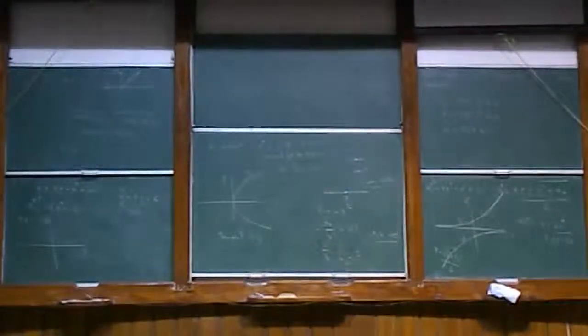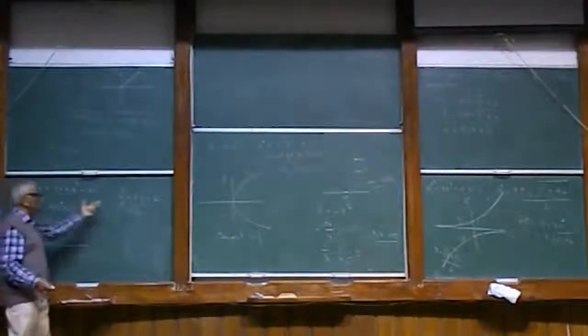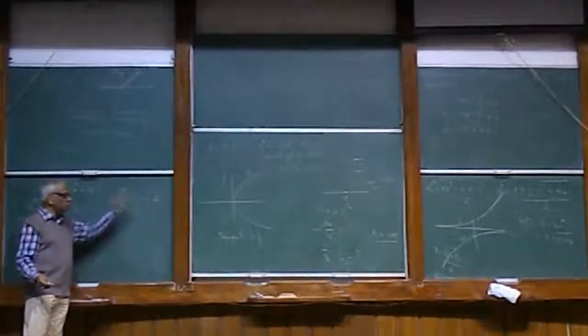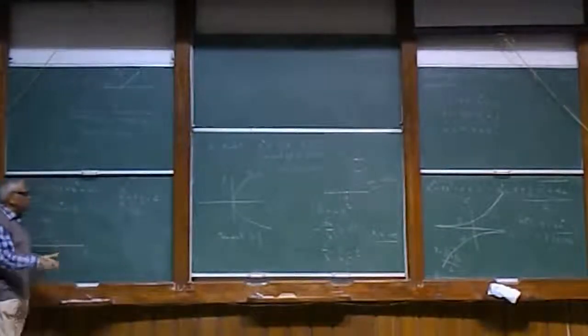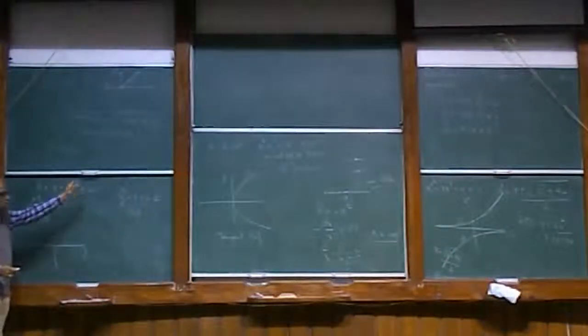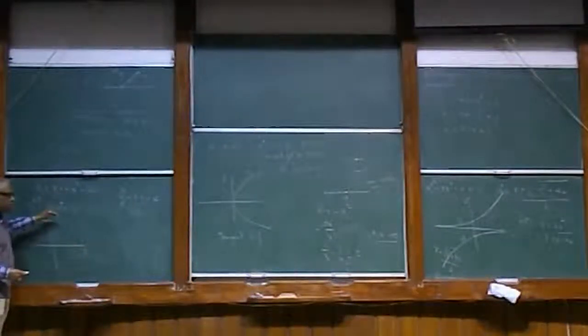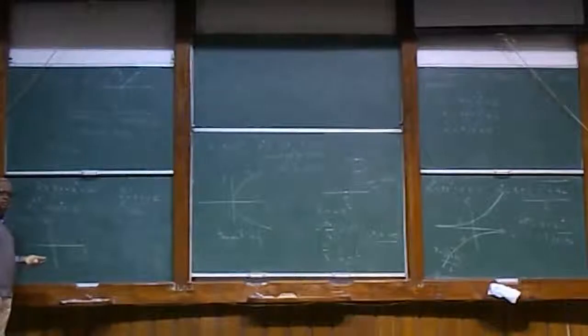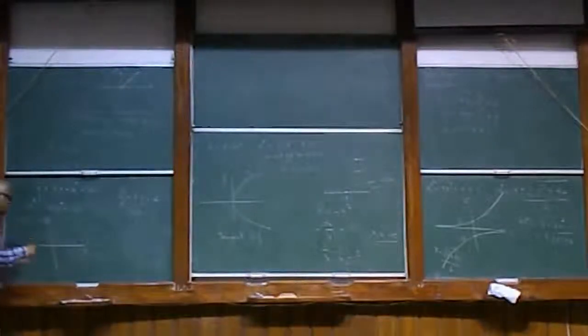So for r less than 0, it is y cubed plus some positive constant times y. So for y greater than 0, the sign is always positive. For y less than 0, the sign is always negative.